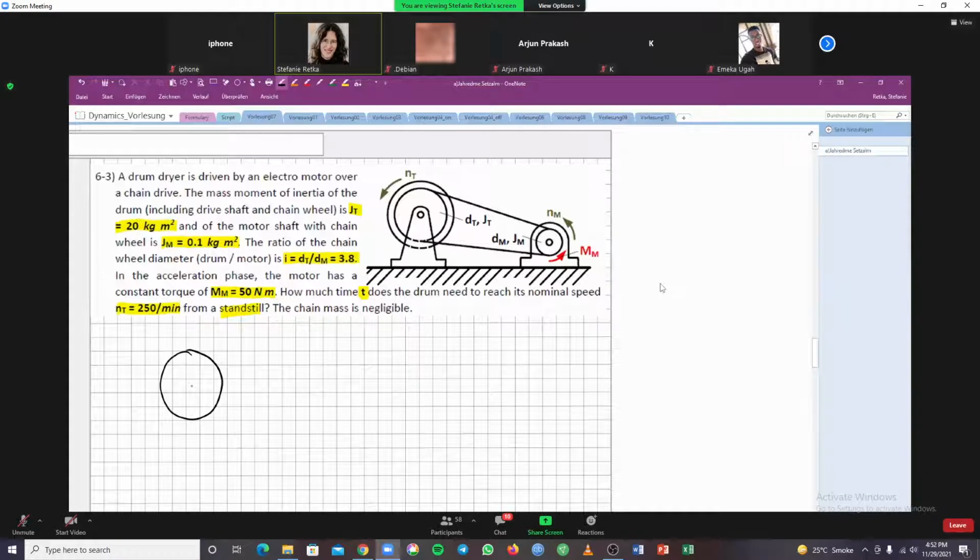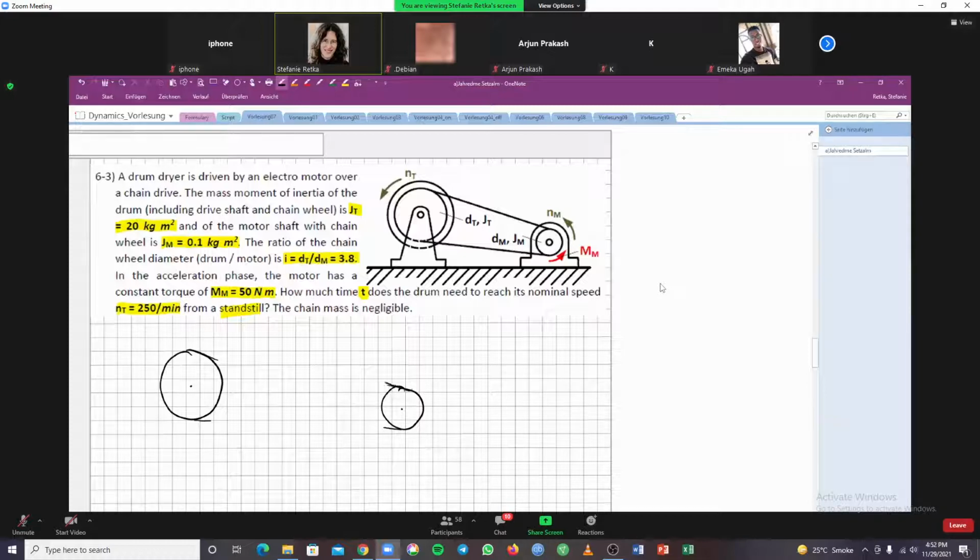So let's start. This is our drum, and that's the motor. These are our rigid masses. And I will integrate the chain as well.